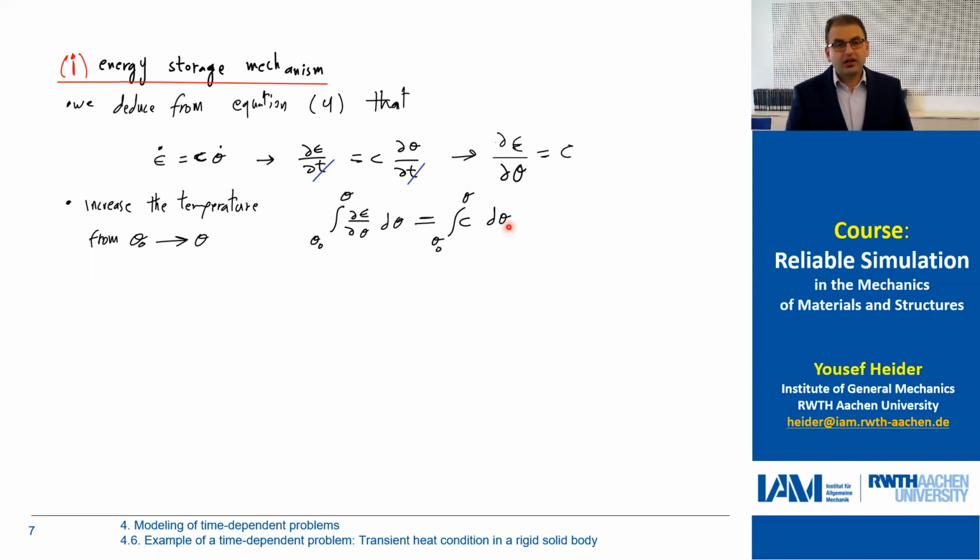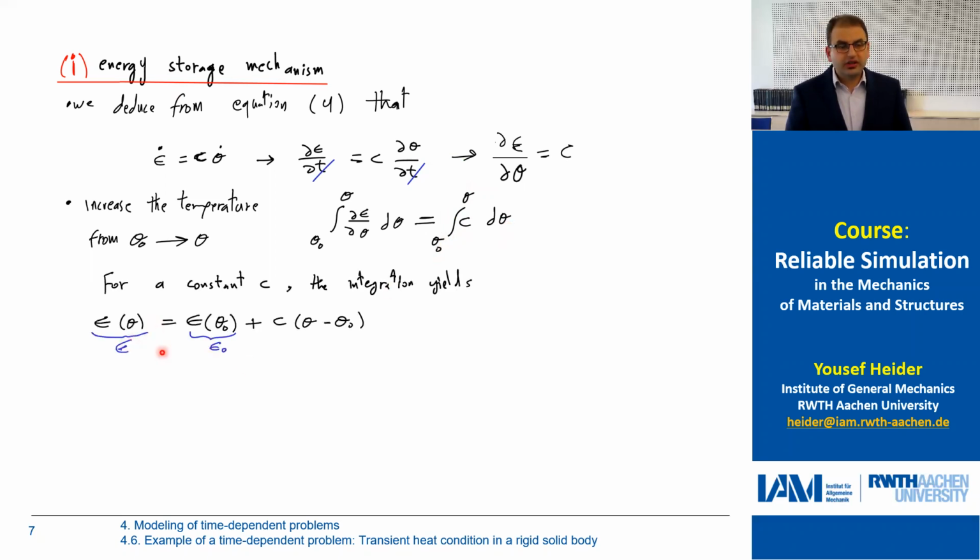If we apply this integration, we end up with this relationship: epsilon equals epsilon 0, which is the internal energy at the reference temperature, plus C multiplied by zeta minus zeta 0.